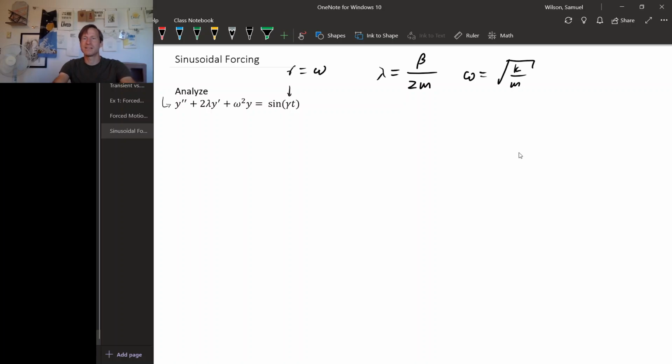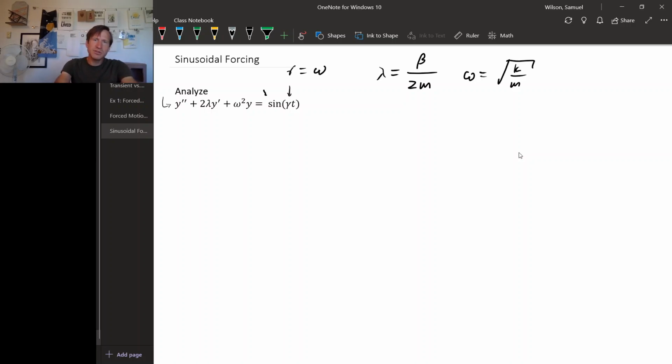You can also write them in terms of your circuit components. We're going to work with lambda and omega just to have fewer symbols to juggle, but you can always translate back to your mass spring constants or circuit components.